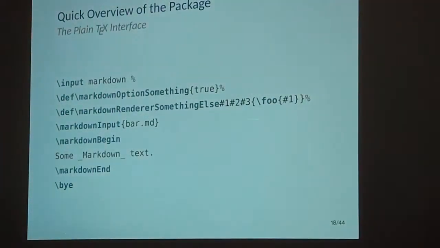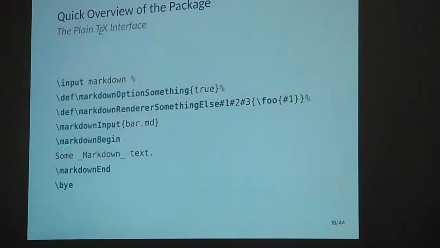If you use plain TeX, then you would pass the options to the package through Markdown option macros. You would also then be able to redefine the renderer macros, so you would decide how you want to render the individual Markdown elements. And then you have some macros such as markdownInput, which really takes a Markdown file, processes it, and inputs it, or the markdownBegin and markdownEnd macros, which basically buffer all the text in between and then process it much like the markdownInput command, with some limitations, of course.